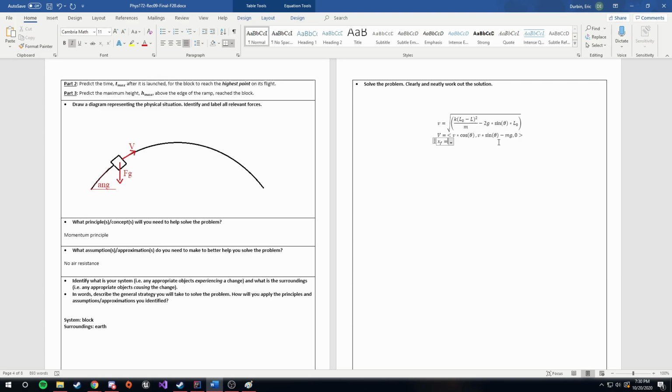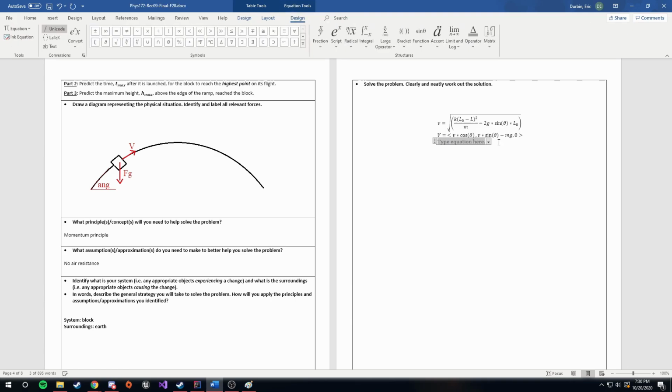Okay, so we know our velocity initial equals v cosine theta, v sine theta, minus mass times gravity, 0, right? Or that's our velocity? Or, oh god, no. Isn't that the same thing?